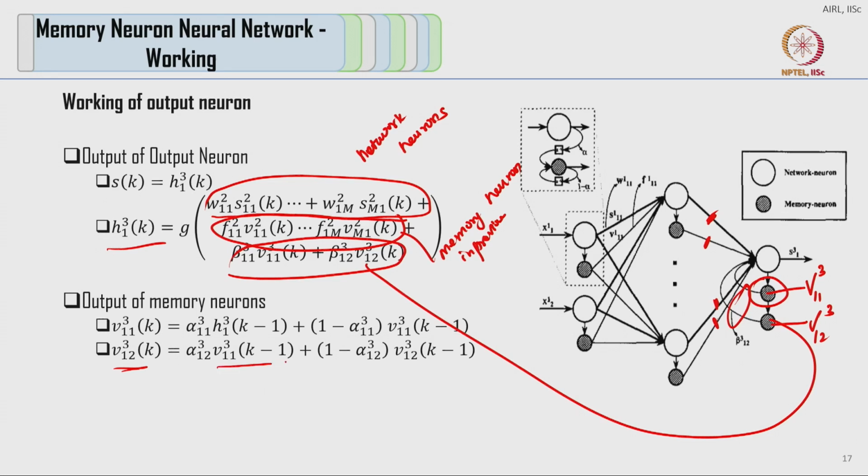That is why instead of H, we are using V11 of 3 of k minus 1, plus 1 minus alpha 12 of 3 into V12 of 3 of k minus 1. So, this subscript 2 represents the memory neuron number. This represents which network neuron it belongs to. The superscript represents the layer.